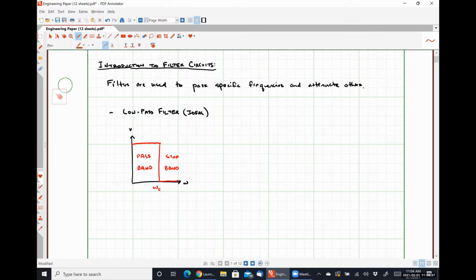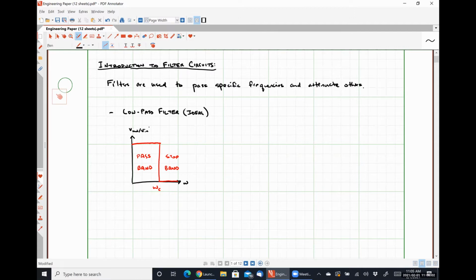Now let's consider, let's just say, I'll change my mind slightly on how I'm labeling that axis. It's going to be the ratio of V out to V in, which would be the magnitude of the transfer function.